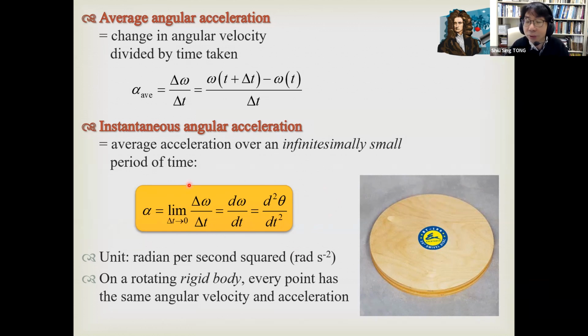So it is very similar to the rectilinear case. The only difference is that you replace all the linear quantities by their angular counterparts. The angular acceleration has a unit of radian per second squared, because you take two derivatives in time, and you can write it as radian s to the minus 2.